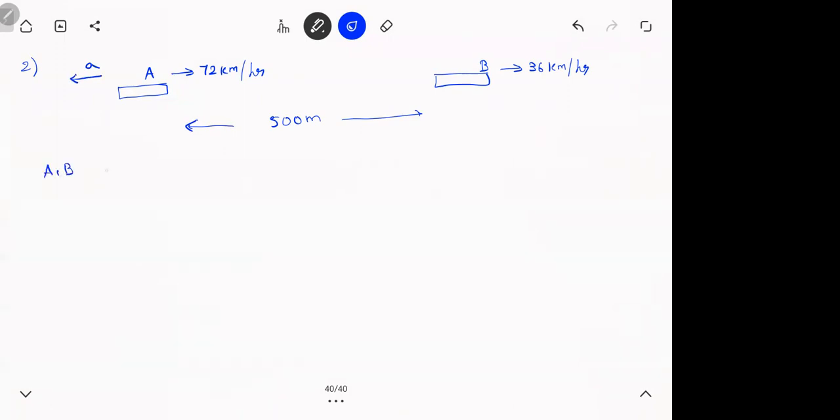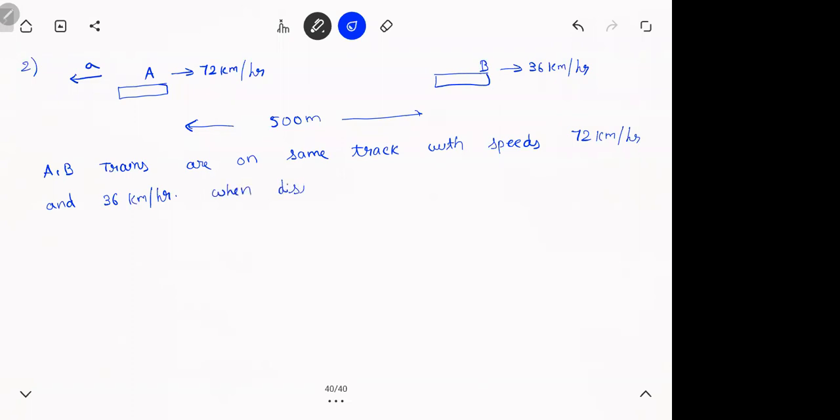So A and B trains are on the same track, with speeds 72 kilometers per hour and 36 kilometers per hour. When the distance between them is 500 meters, this happens pretty frequently on our Mumbai locals. Let's say for some reason the train in front of you is slowing down.